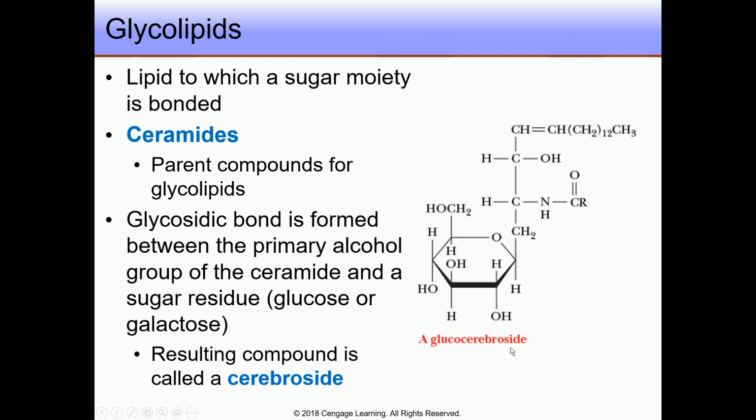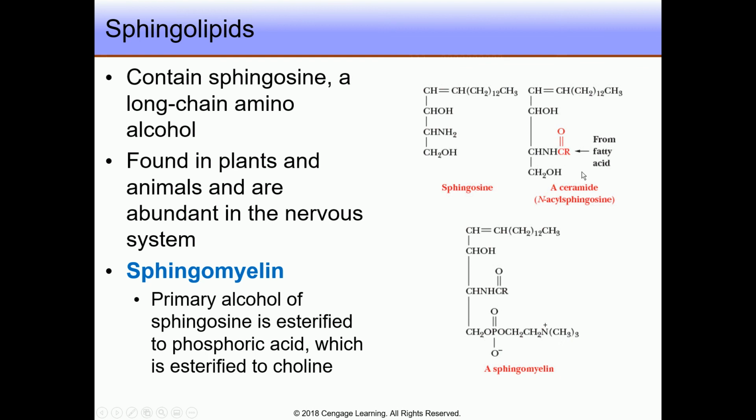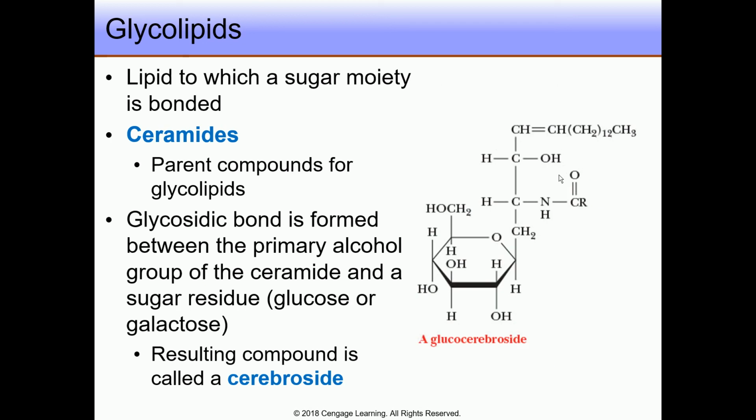So this is glucocerebroside. What are cerebrosides? Cerebrosides are those glycolipids in which the alcoholic group present in the ceramide is linked or bonded with a sugar.